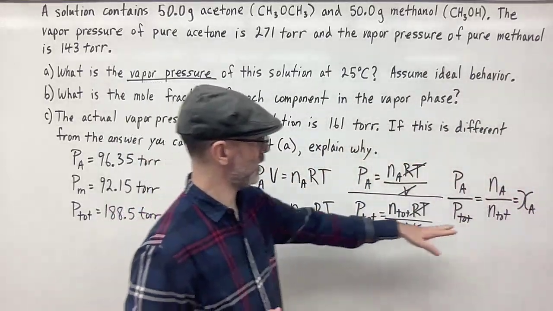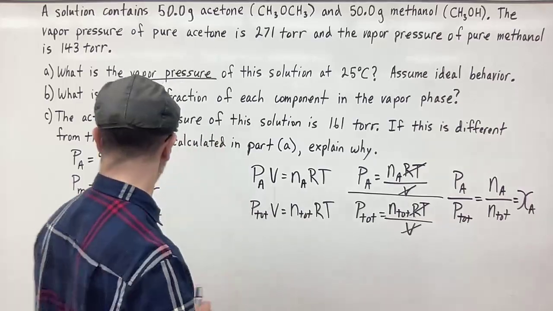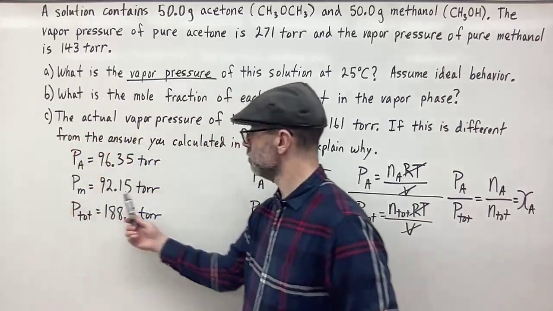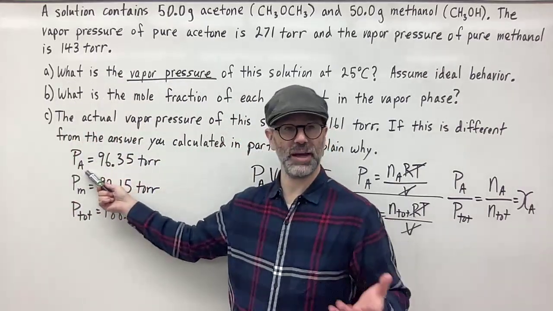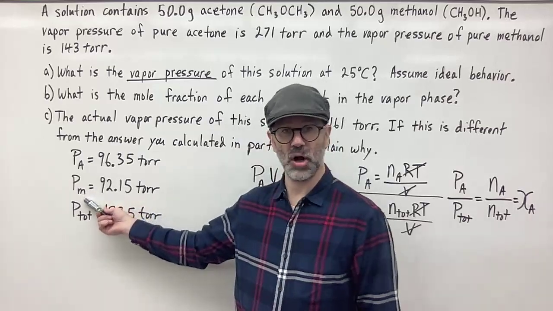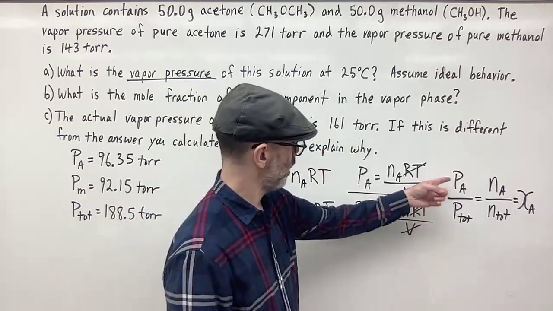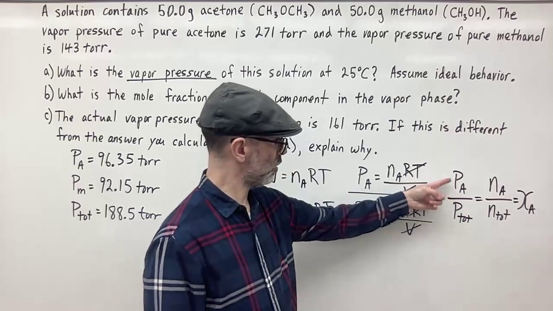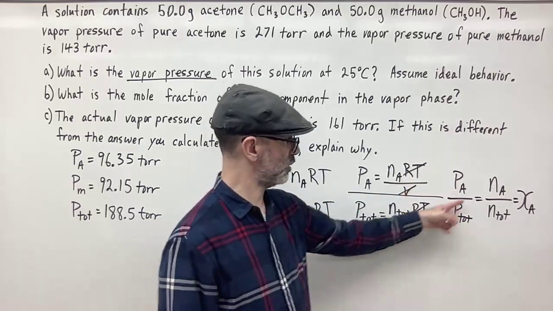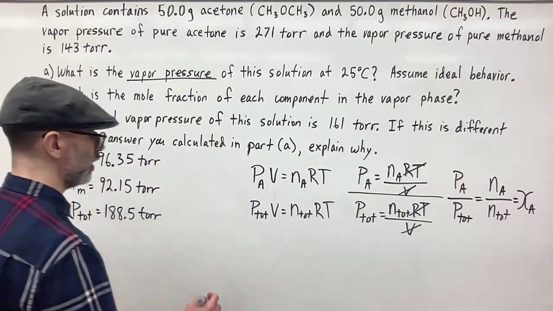So why is that important? Because we can now use that and the information we have here. We have the partial pressure of A, which is acetone, the partial pressure of M, which is methanol, and we have the total pressure. So we can use the vapor pressure of A and the total pressure to find the mole fraction of A. So let's go ahead and do that.